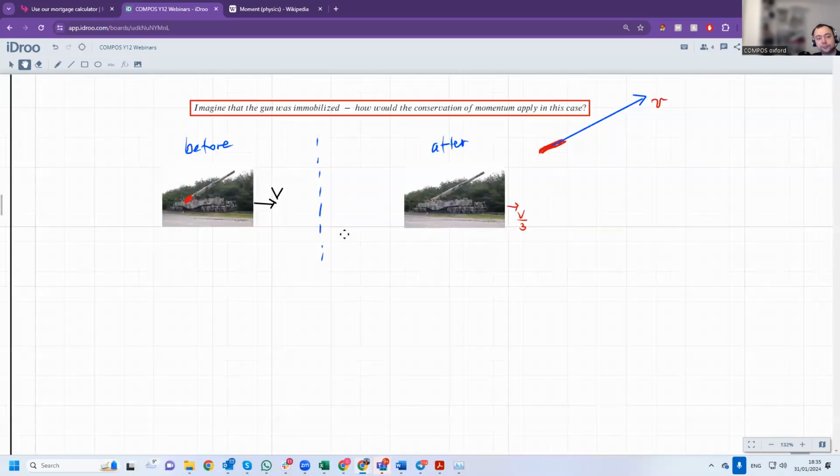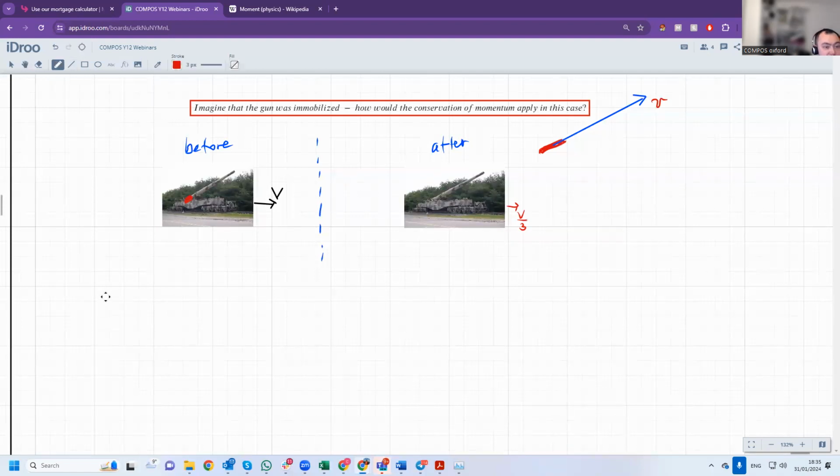Now, the beautiful thing about conservation of momentum is that it is all about vectors, and vectors are all about projections. So momentum in any given direction is conserved. That means we can make a projection onto the x-axis.